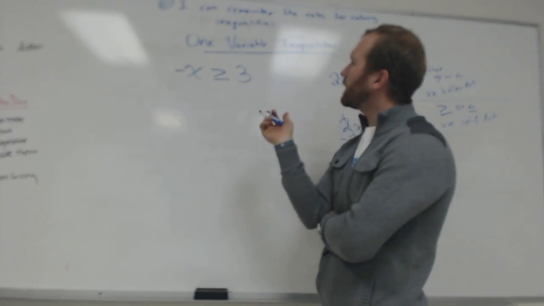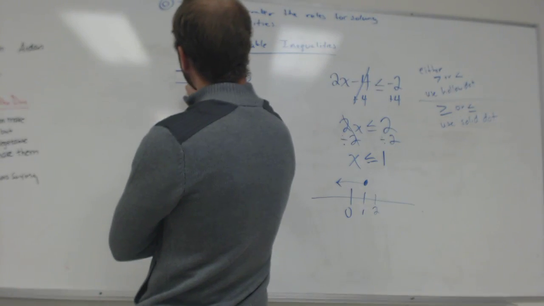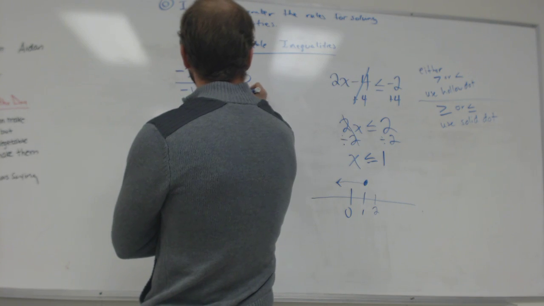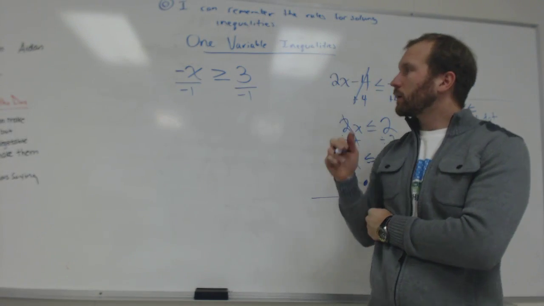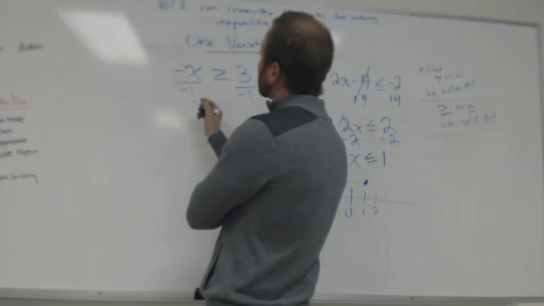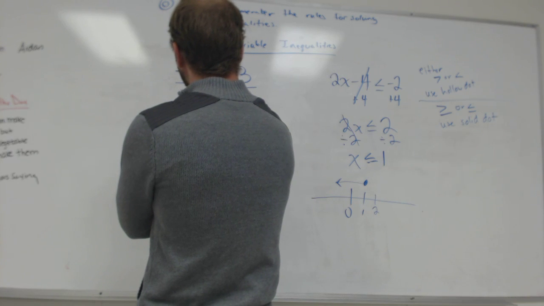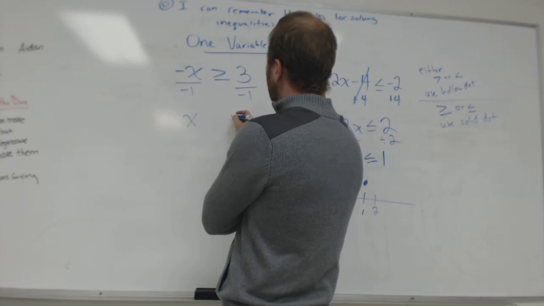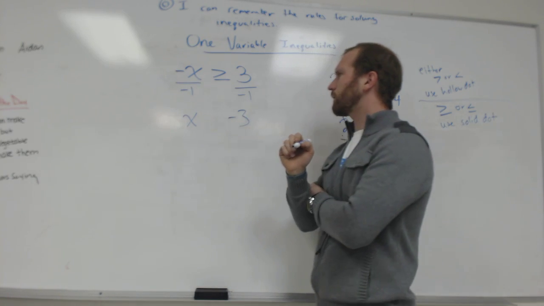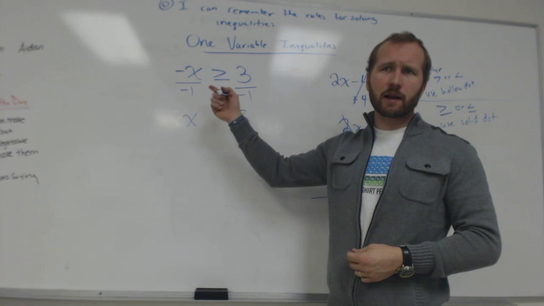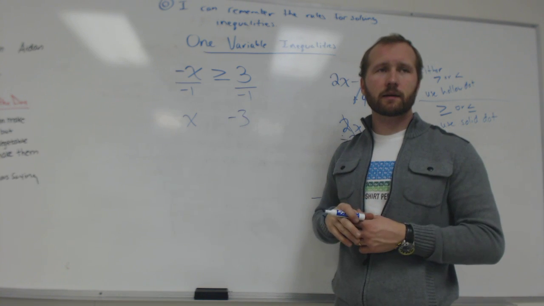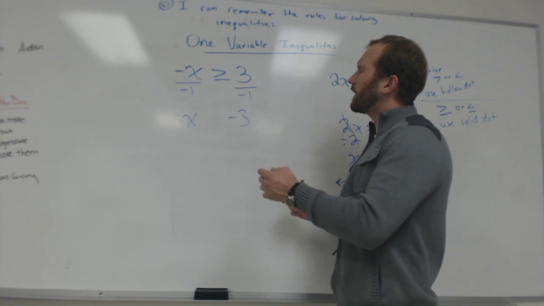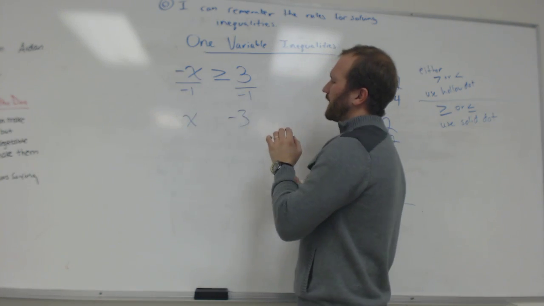I have to divide both sides by negative 1. Negative x divided by negative 1 is just x. 3 divided by negative 1 is negative 3. I could also say that I'm multiplying by negative 1. It's actually the same exact thing.